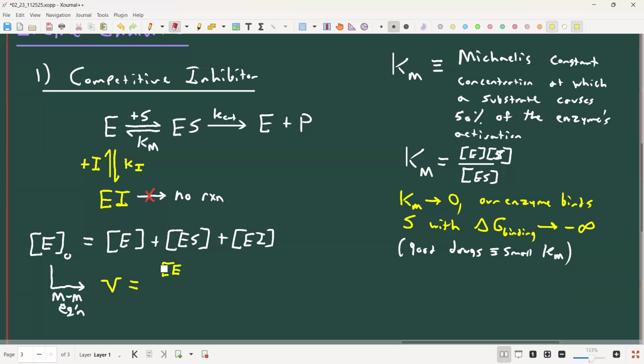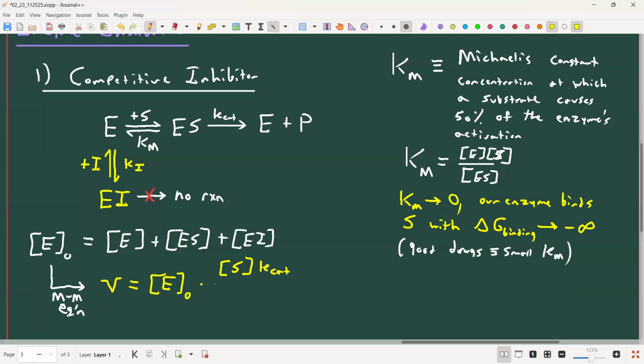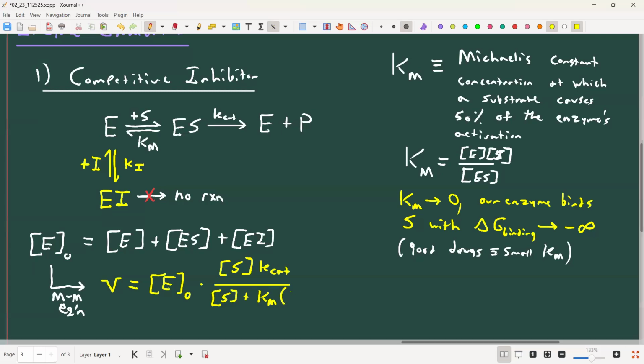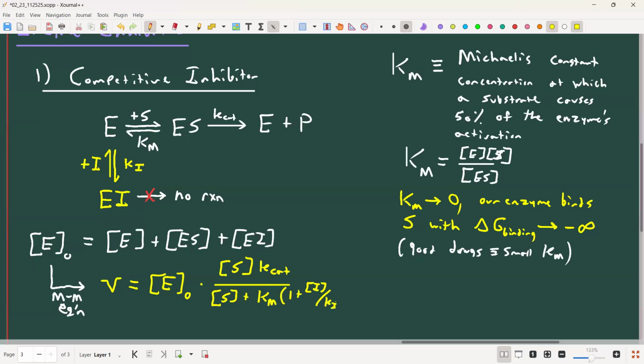Remember, the more enzyme you have, the faster a reaction is going to occur. Times the concentration of the substrate times K cat over S plus Km, times 1 plus the concentration of your inhibitor divided by Ki. So let's look at what's happened now.